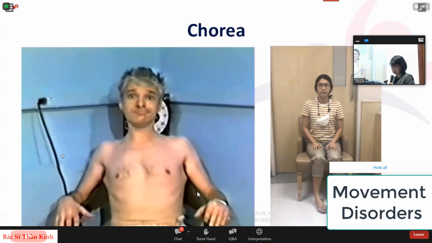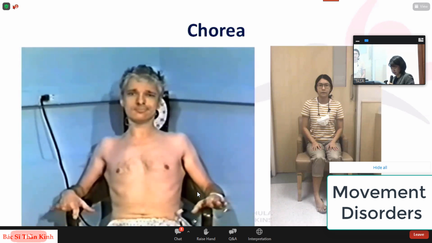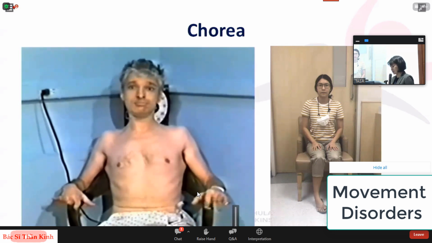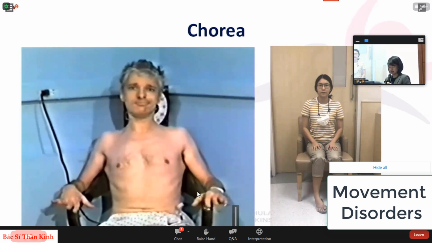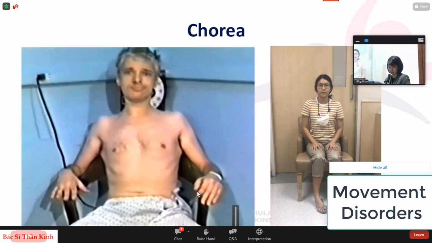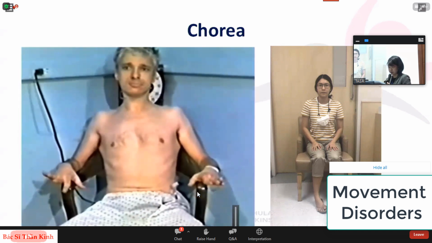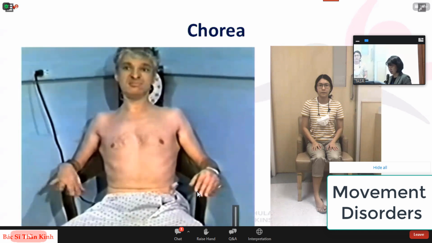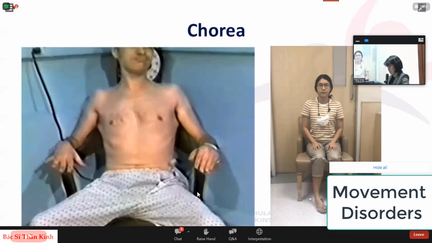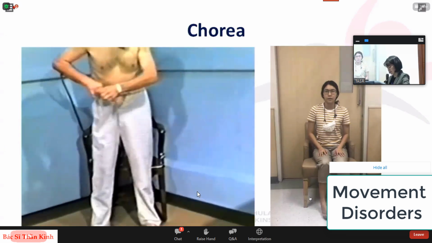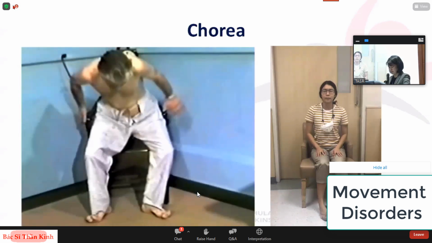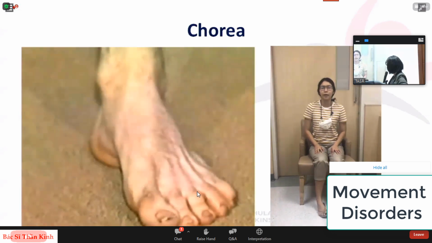These are 2 patients. The first one I showed you in the morning with Huntington disease. And the second one also has a very mild chorea, milder than the first one.